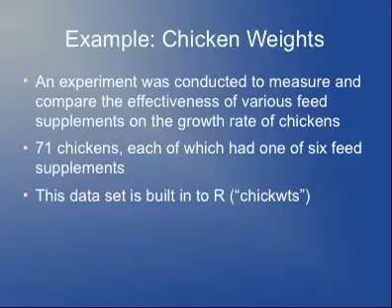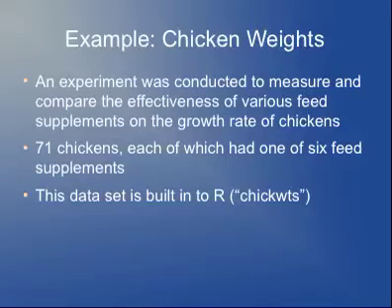This is from a data set that's built into R on chicken weights, where they gave 6 different types of feed supplements to a group of chickens, and the object of the experiment was to see if some of the feed supplements were more effective than others.